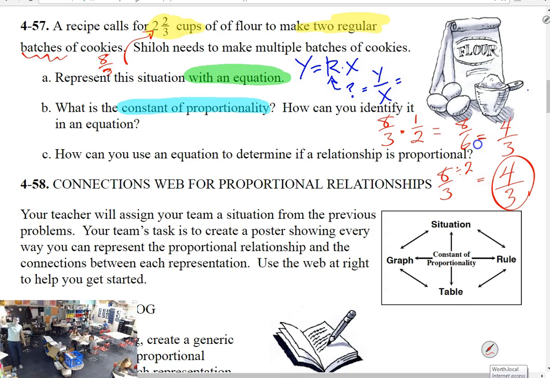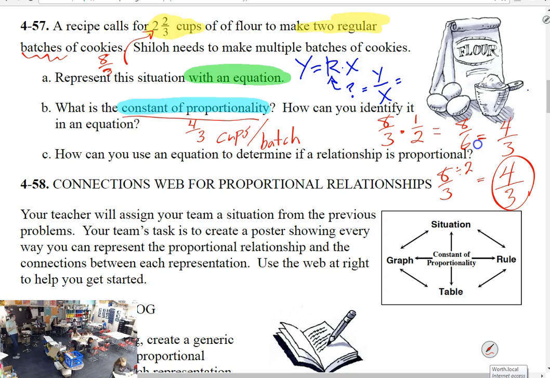So that 4/3, because it's the constant of proportionality, that's 4/3 cups per batch. Don't screw that up. It'll taste bad. 4/3. Actually, some recipes give you fractions, some give you decimals, so you have to do a little bit of converting depending on how you think. Okay, so I like that.